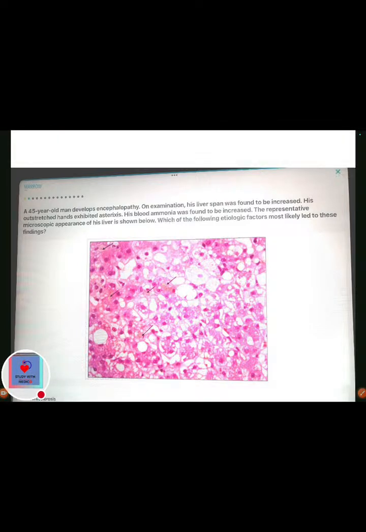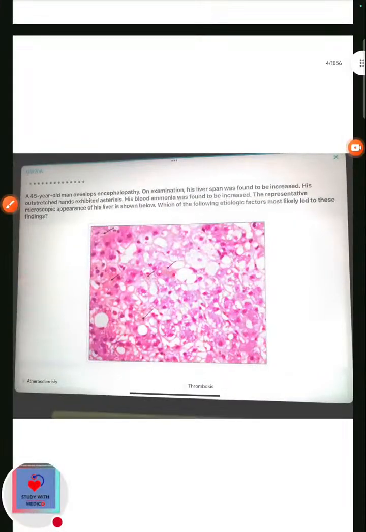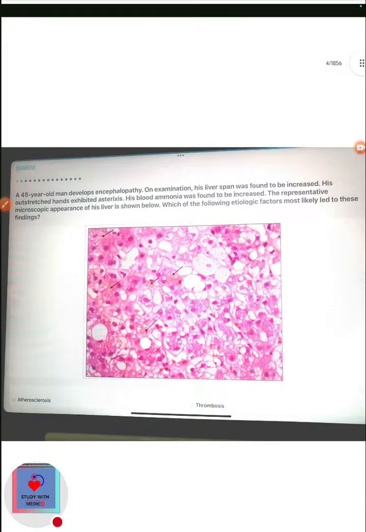Now it is more clear, I think. Which one will be better?